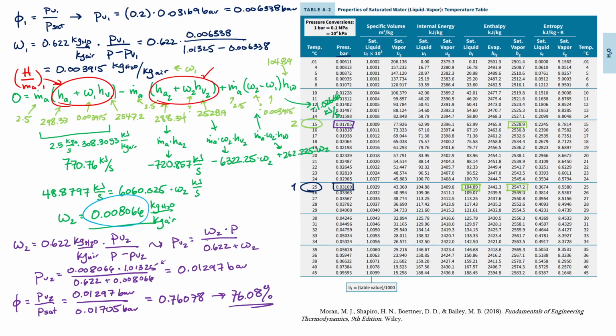This guy right here is H over MA for state 2. And that means this guy right here is the difference between those.